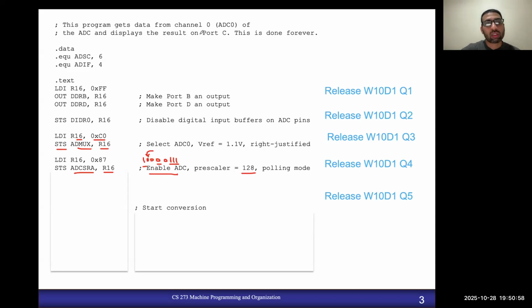So how can we set only the bit at index number 6 in the ADCSRA register? By doing what? OR operation, right? So I have given you hints now, and I'm releasing the poll, try to do that, okay?